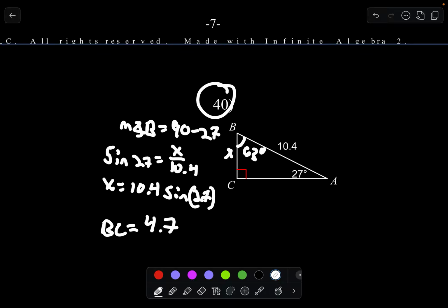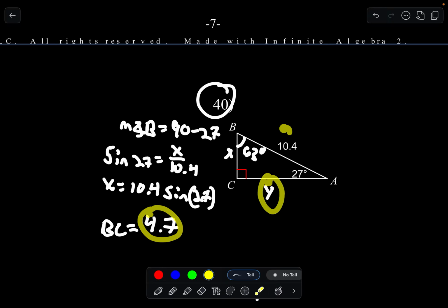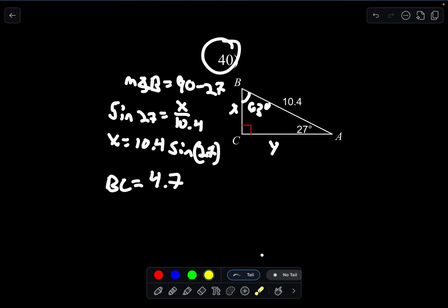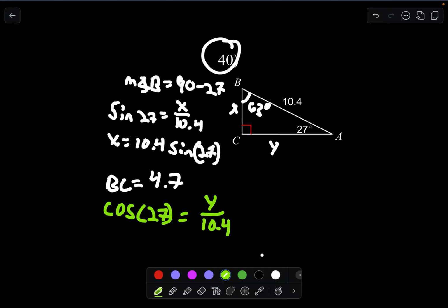All right. Now you got a couple options. You could find the length of CA, which I'll call y, by Pythagorean, saying 4.7 squared plus y squared equals 10.4 squared, or you could just use cosine, which is what I'm going to do. Cosine of 27 is adjacent over hypotenuse, which is y over 10.4. So y equals 10.4 times cosine of 27 degrees.